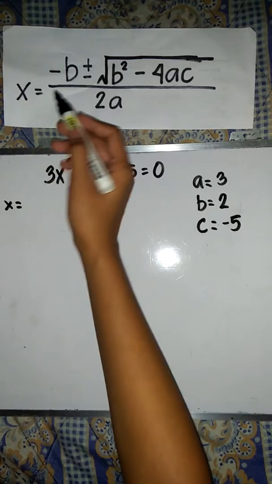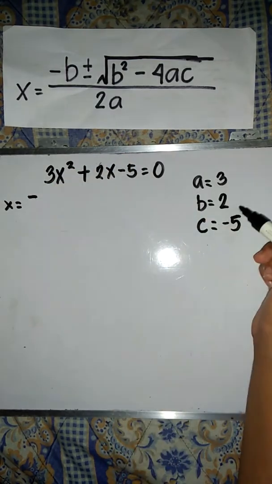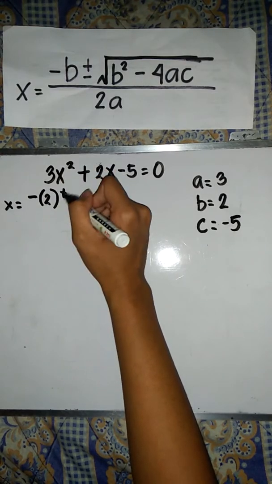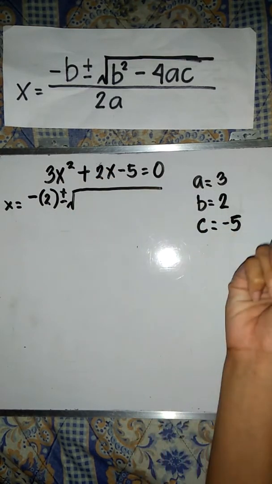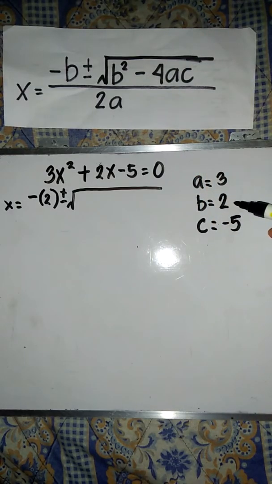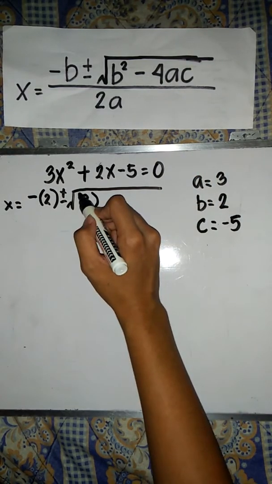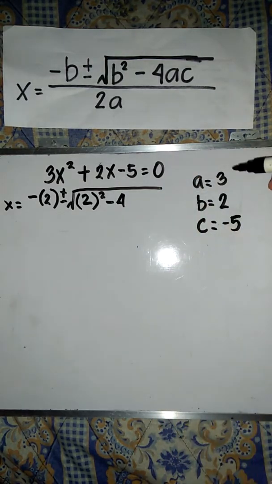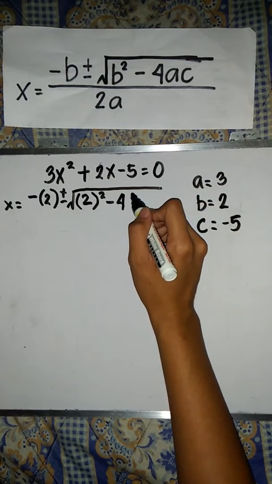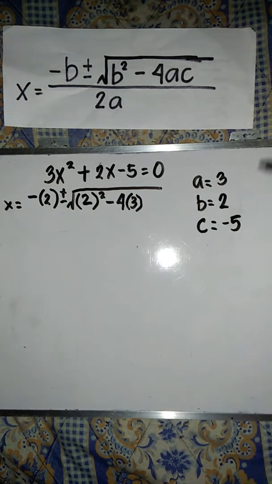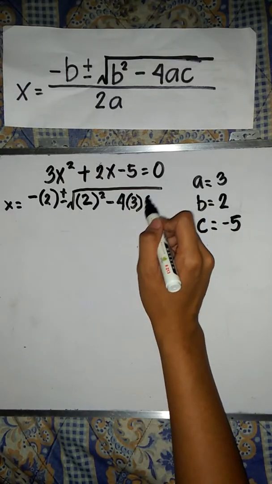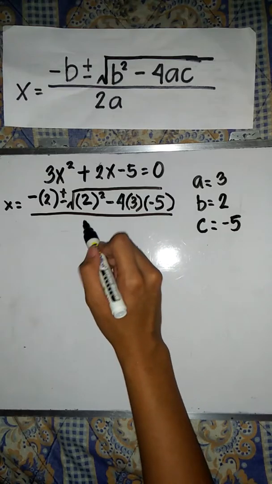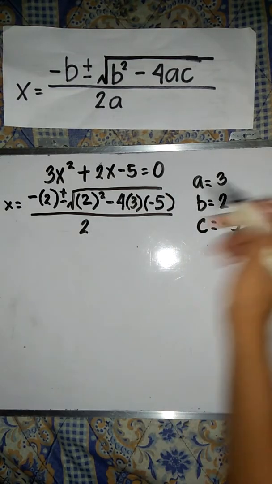So x is equal to negative b, negative the value of b, which is 2, plus or minus square root of b squared, which is the value of b, 2 squared, minus 4 times the value of a, which is 3, and times the value of c, which is negative 5, all over 2 times the value of a, which is 3.